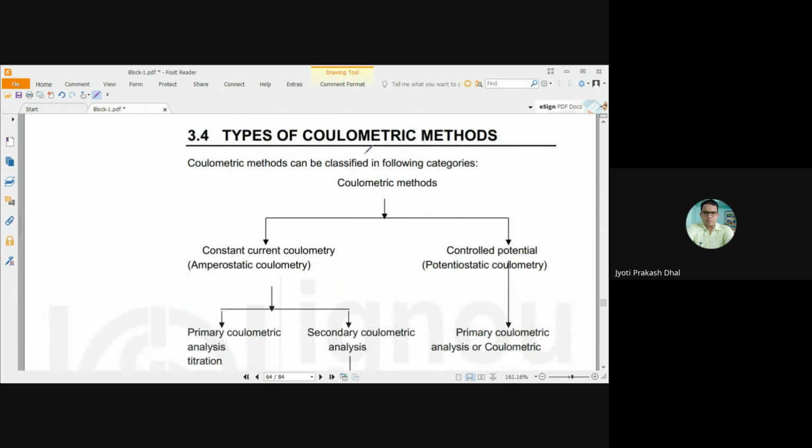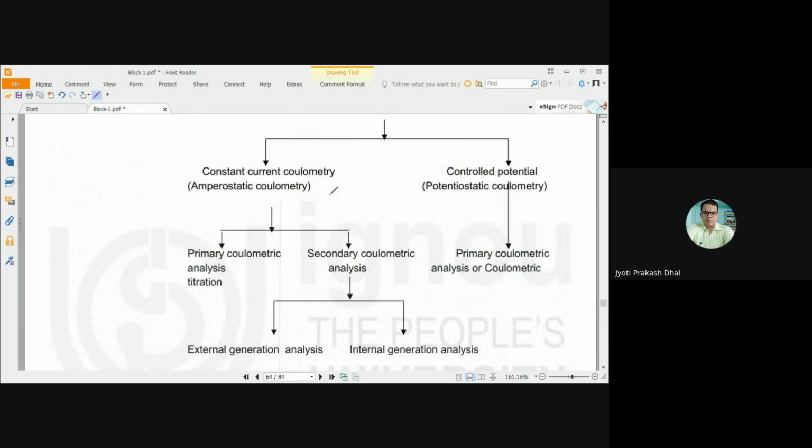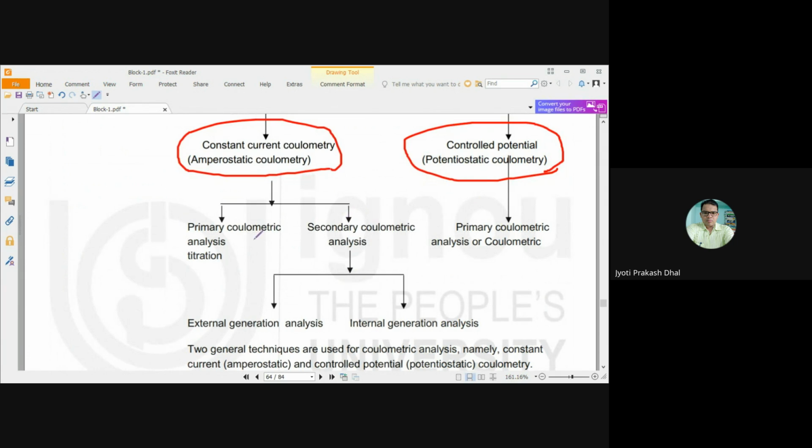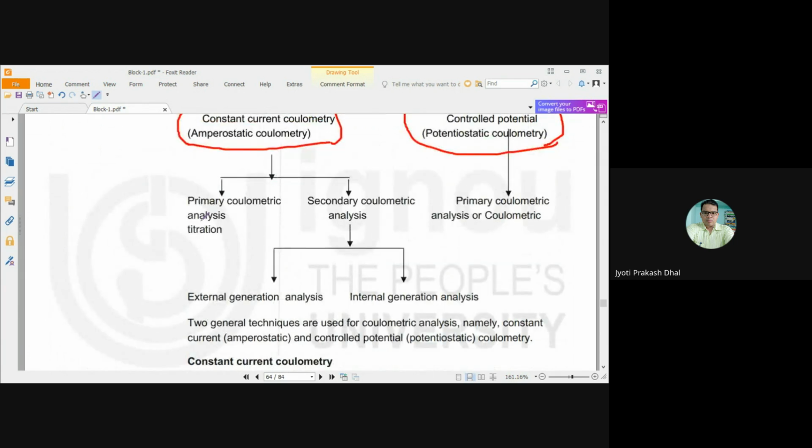Now we'll discuss the types of coulometric methods. The coulometric methods are classified into two types. The first one is constant current coulometry, that is called amperostatic coulometry, and the second one is controlled potential coulometry, that is called potentiostatic coulometry. And again, the amperostatic coulometry is classified into two types, that is primary coulometric analysis titration and secondary coulometric analysis titration.